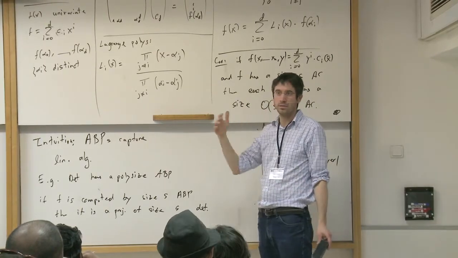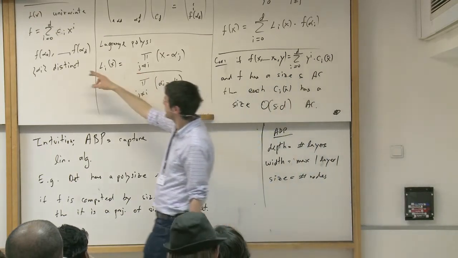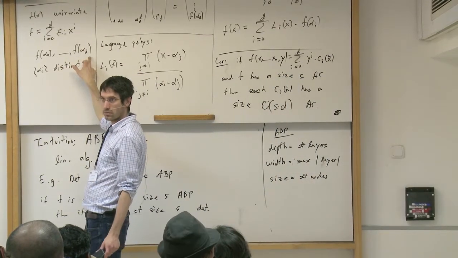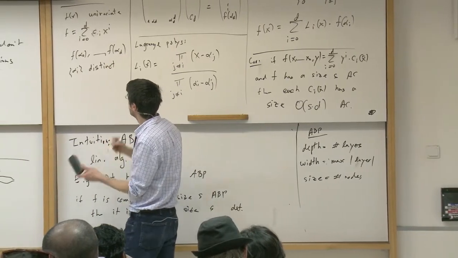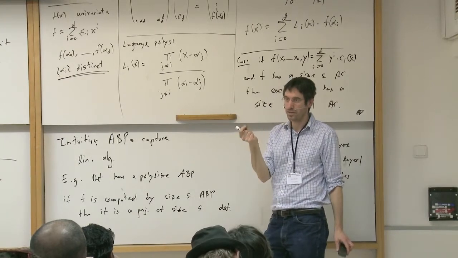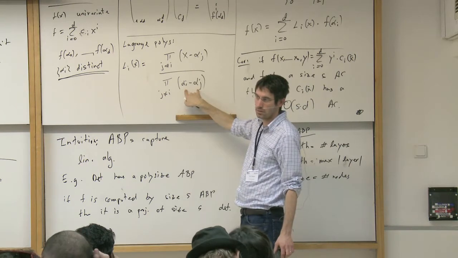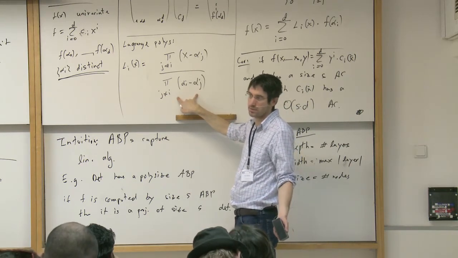So I can do this for every field in which I have at least d plus 1 elements. Whenever can I do it? This is the important thing: the alpha i's are distinct. If you give me distinct elements of a field, then since they're distinct, this is not 0. So the product is not 0, so it's invertible.